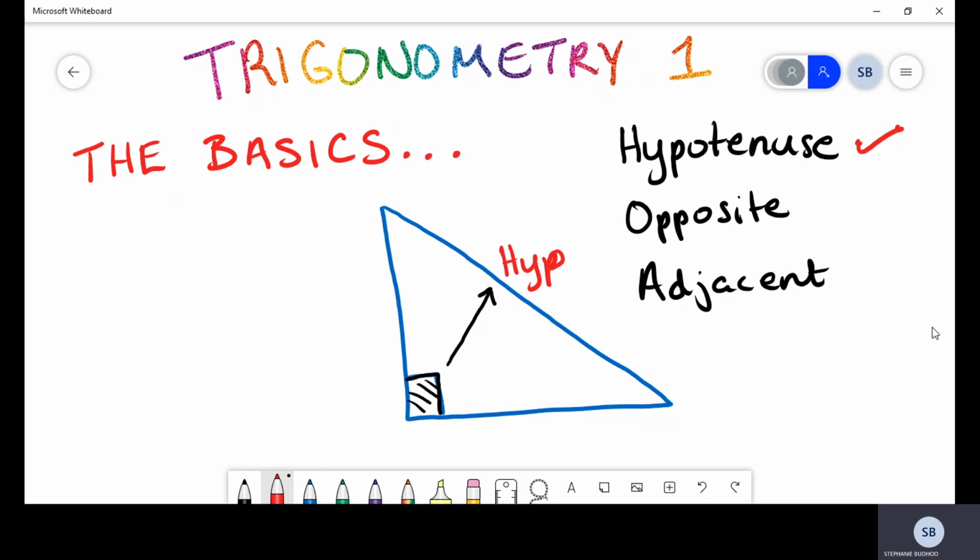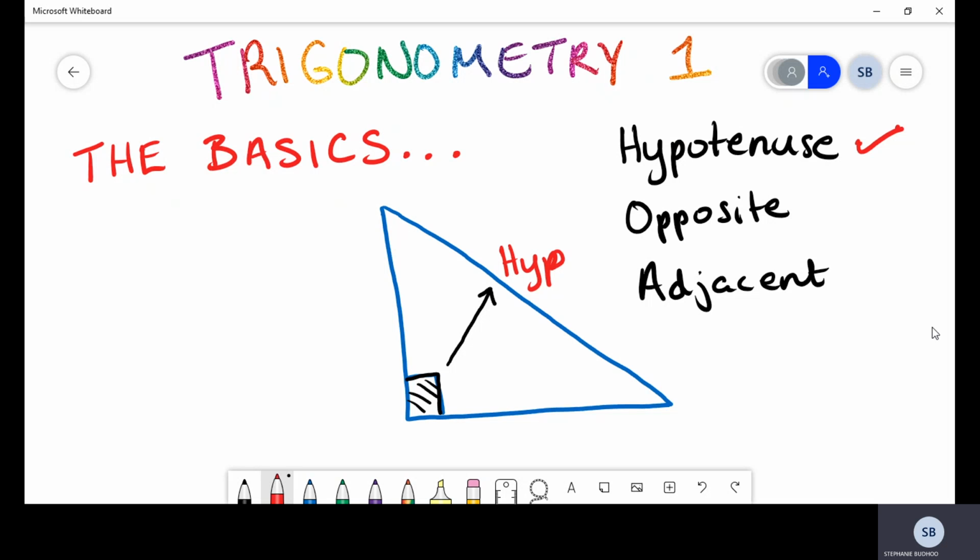What about the other two? Well, in our triangle, in order to identify the hypotenuse, we use the presence of the right angle. So perhaps if we had more angles, we would be able to identify the other two sides. Now, very frequently in trigonometry questions, you do have a second angle called theta.